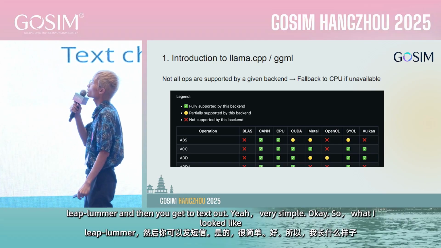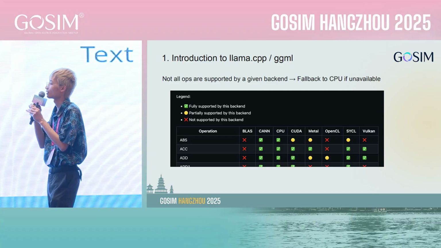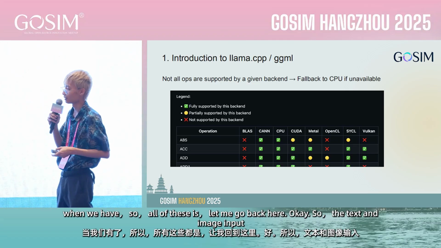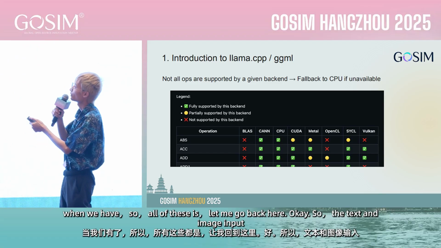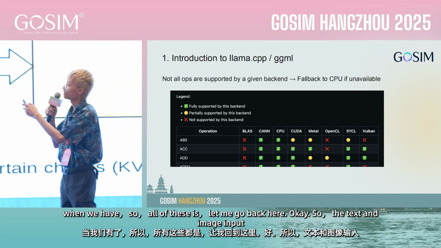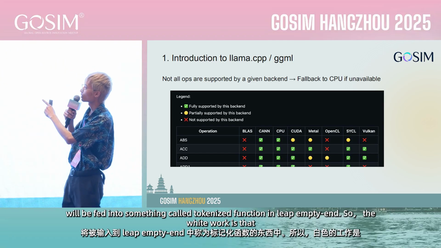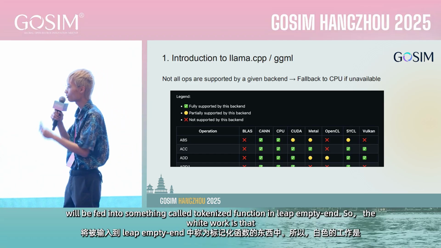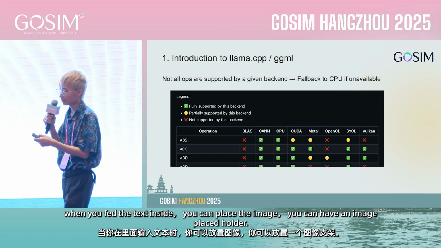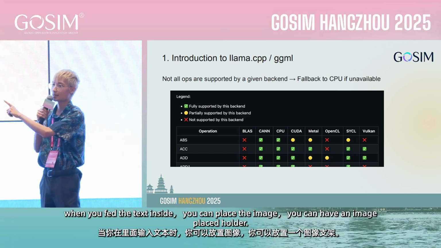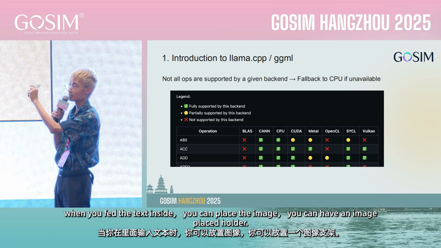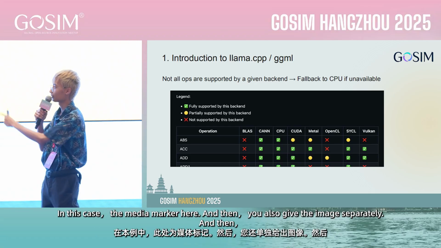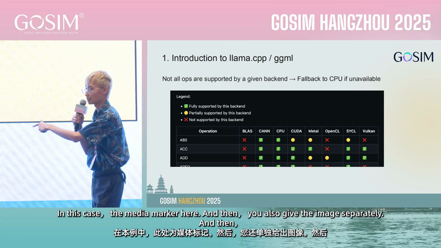Okay, so what does it look like? Let me go back here. The text and image input will be fed into something called the tokenize function in libmtmd. So the way it works is that when you feed the text in, you can have an image placeholder. In this case, it's the media marker here. And then you also give the image separately.